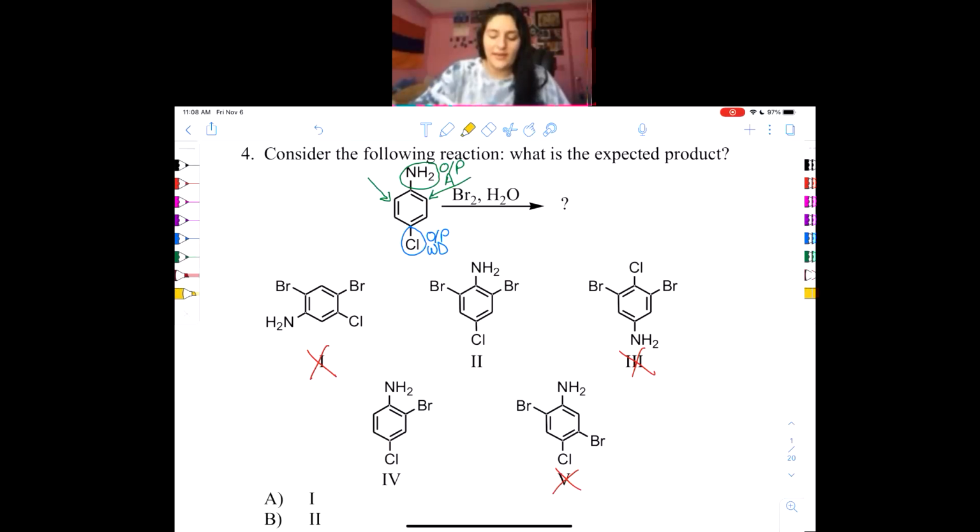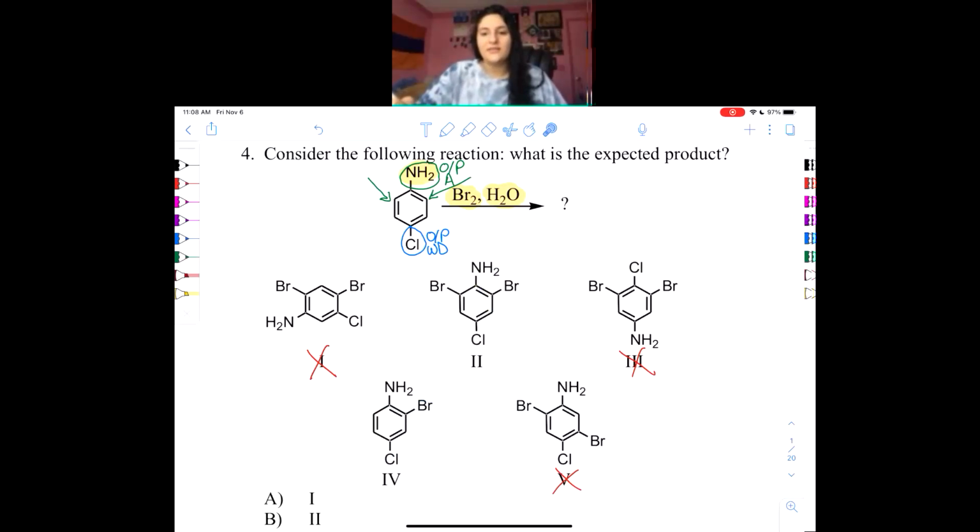So if you have Br2 with H2O and an NH2, it's actually going to add fully. We say it substitutes fully, and that just means it's going to substitute all of the favorable spots. In this case, we have 2 ortho positions. It's going to substitute both of those ortho positions, not just one.